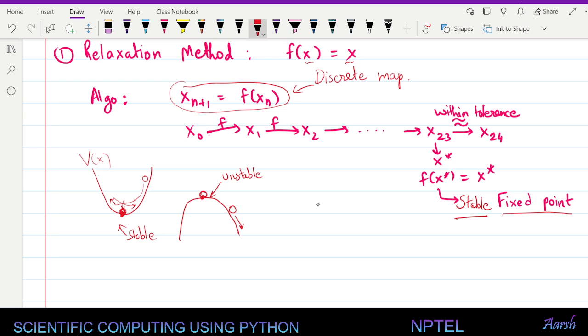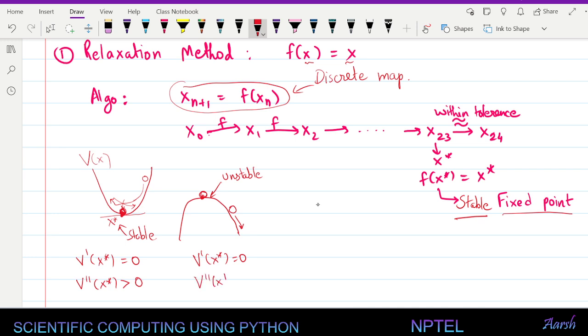And we know the criterion, right? If this is x star, then the force at x star is 0. So the slope should be 0. It should be a minimum, and that means the second derivative would be positive. Here again the force is 0, so if you start exactly at that point, you are going to stay there.